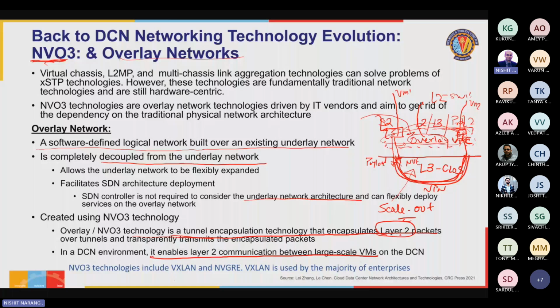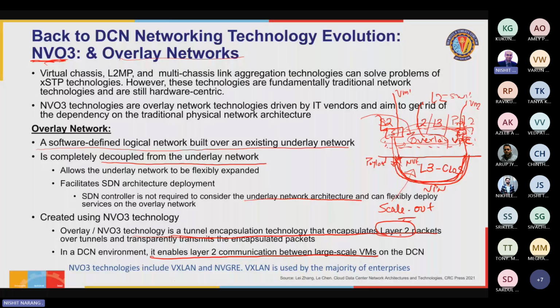Okay, so NVO3 is a technique or a technology, just like L2MP is, but like Trill is a protocol that follows L2MP technology. In the case of NVO3, VXLAN is the most popular protocol that uses the NVO3 technology. Okay, there are others as well.